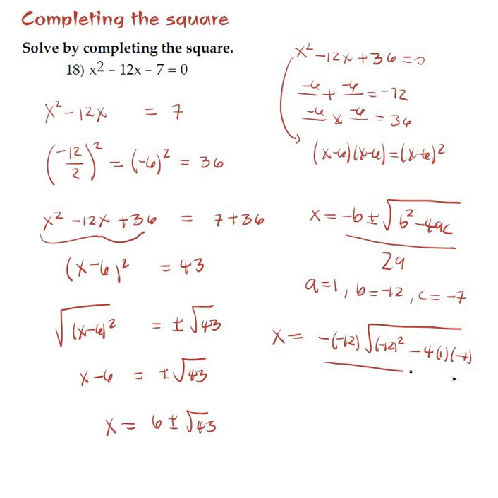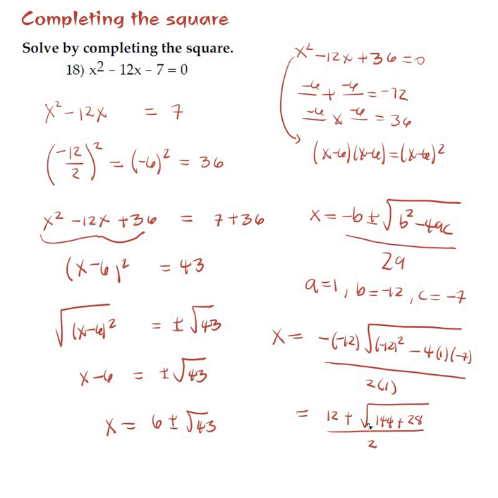And all of this you divide by 2 times 1, which is 2a. So now this is going to give you positive 12 plus or minus the square root of 144 minus 28. Oh, actually it's plus 28. I'm sorry about that, because minus minus is going to be plus 28. And all of it is then divided by 2.